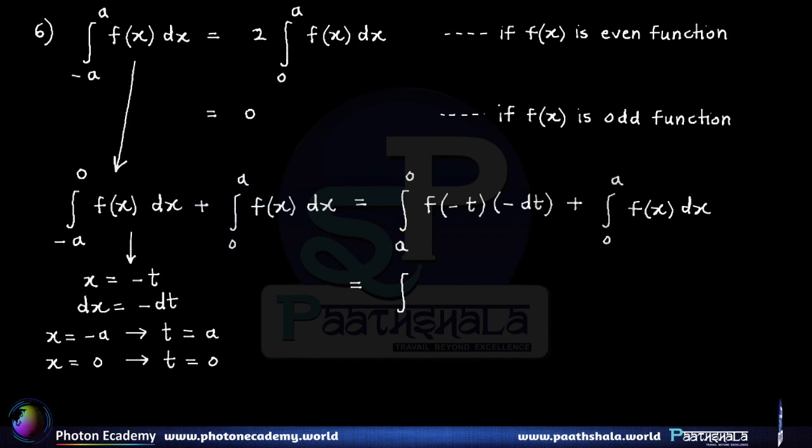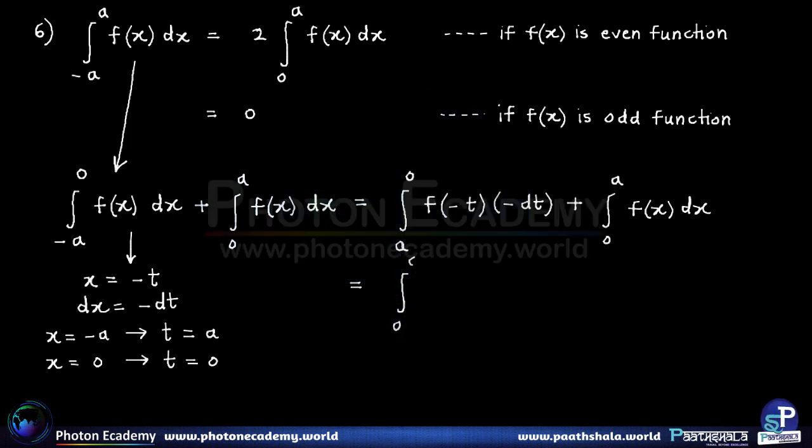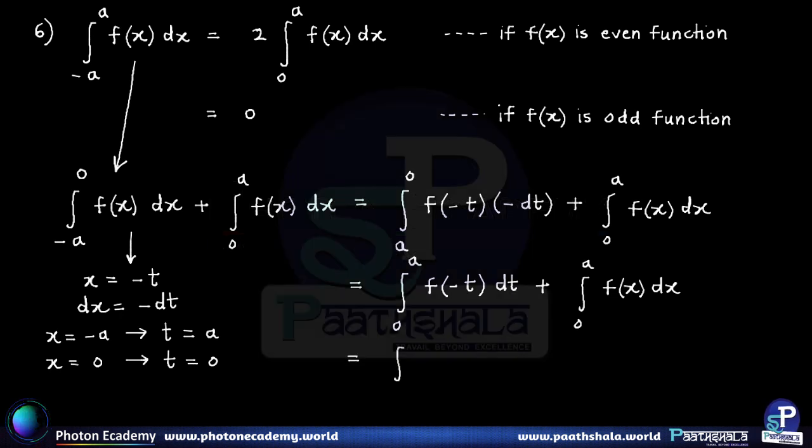So after removing the minus sign, we will write the limits as 0 to a, and here I have f of minus t dt plus here we have f of x dx integrated from 0 to a. Lastly, we are free to change the variable, that is instead of t I can very well write x, so that is integral of f of minus x dx plus integral from 0 to a of f of x dx.